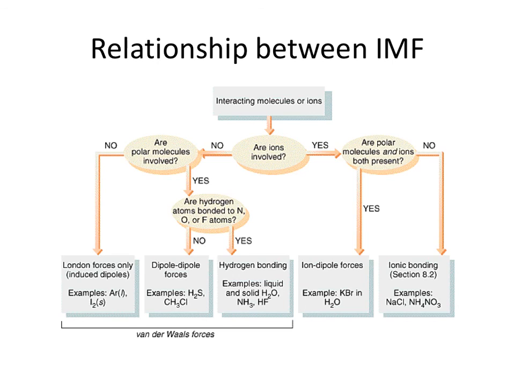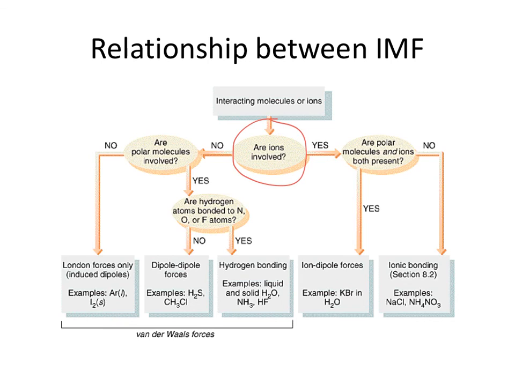Now, the application of this is if I tell you water or HCl or iodine or helium, that you should be able to tell what type of intermolecular forces are in that molecule. So the way that you're going to do that, first you're going to look at the interacting molecules or ions, and are there any ions involved? Is there an Na plus or an NH4 plus? Is there a chlorate or a nitrate?